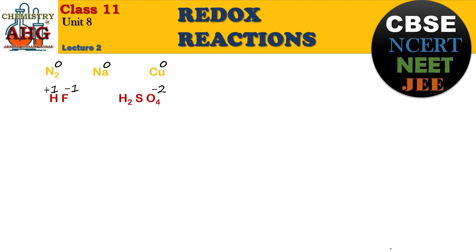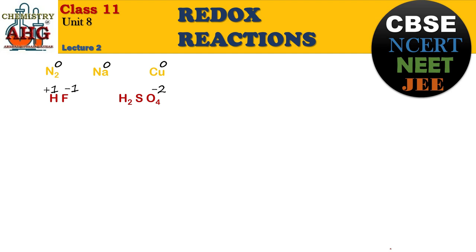So that number we must have in our mind. But the number that we will write above each element must be for a single atom. So remember, oxygen's oxidation number is -2 in this compound, but total charge on 4 oxygen atoms would be -8.